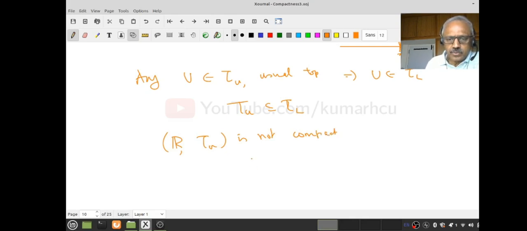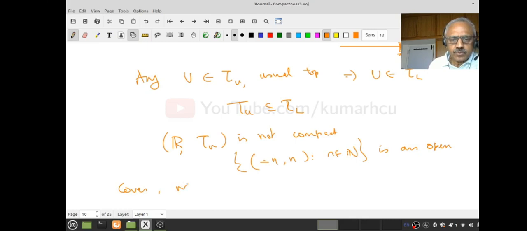For example, you looked at this collection (-n, n) as n varies over the natural numbers, and this is an open cover which admits no finite subcover.